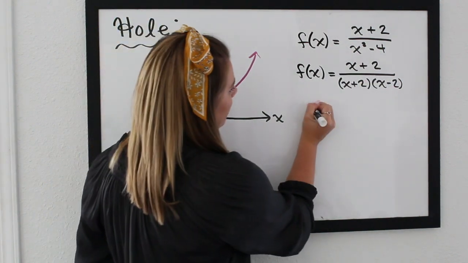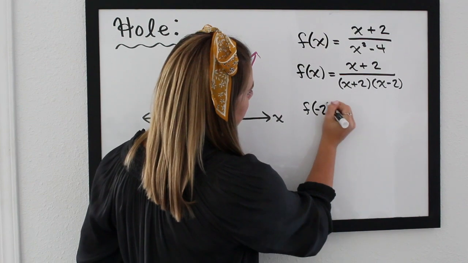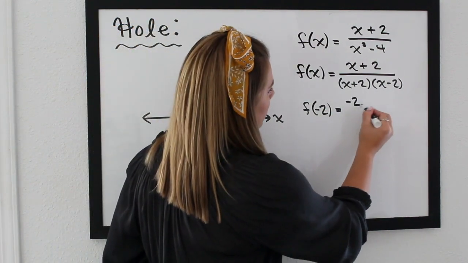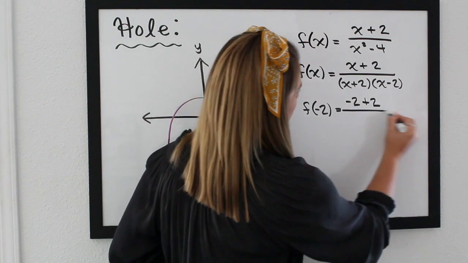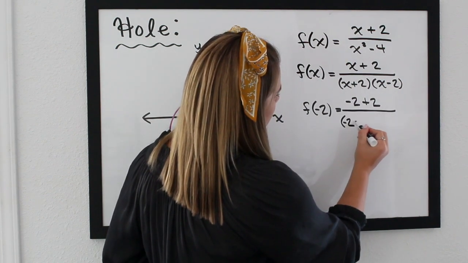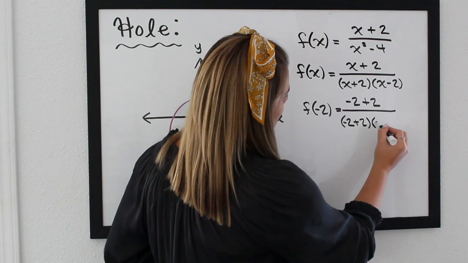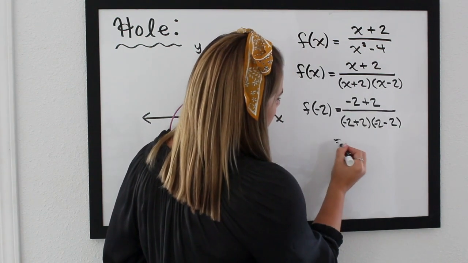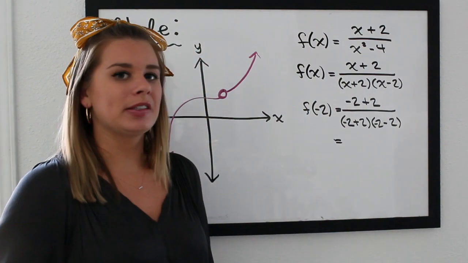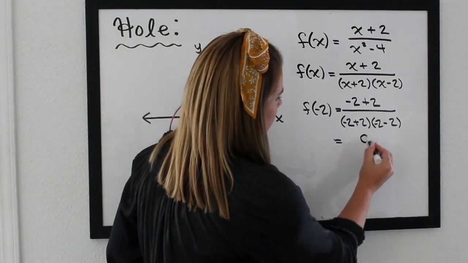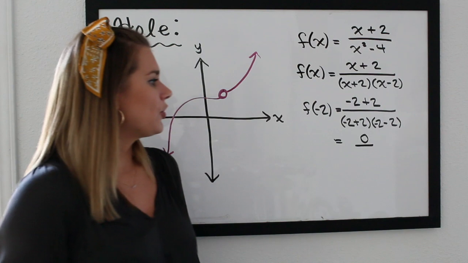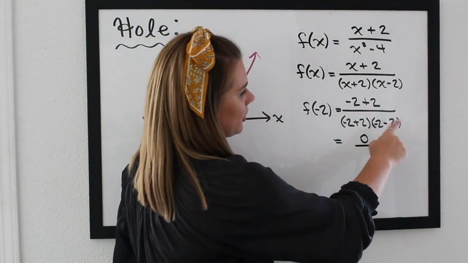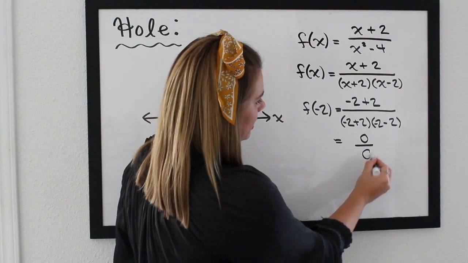Now, we run into a bit of a problem, because if I plug in negative 2 to this equation, if I did f of negative 2, I would get (negative 2 plus 2) over (negative 2 plus 2) times (negative 2 minus 2). Negative 2 plus 2 is 0, and 0 times anything is 0, so it doesn't even matter what this is.